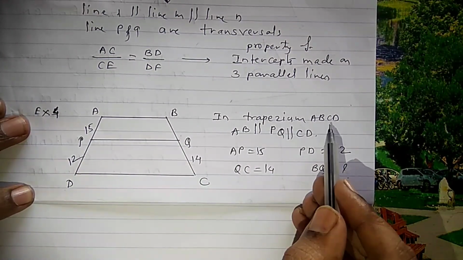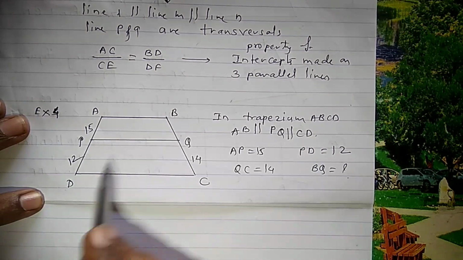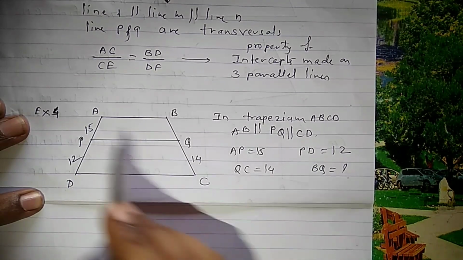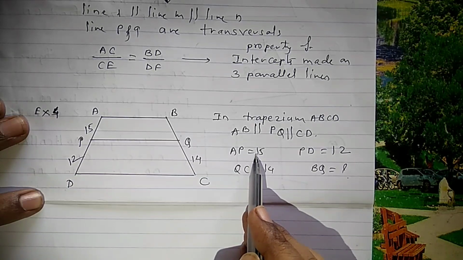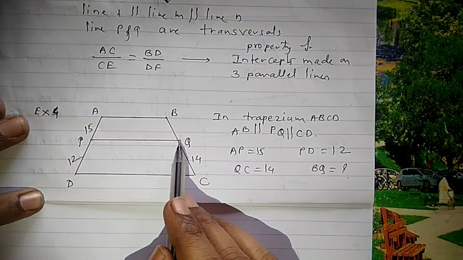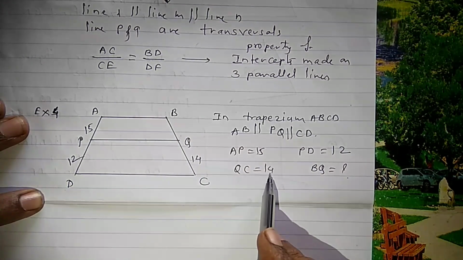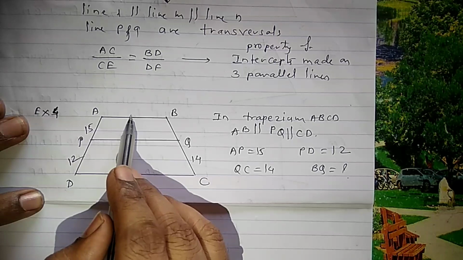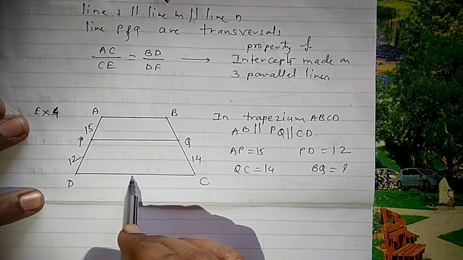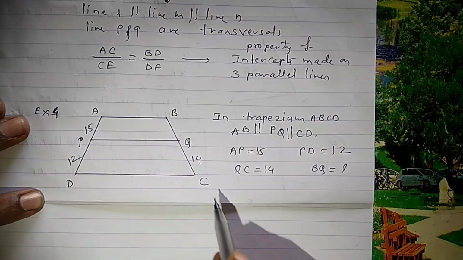In trapezium ABCD, AB is parallel to PQ is parallel to CD. AP is given 15, PD is given 12, BQ is not given, you have to find out. QC is given 14. Here 3 parallel segments are given and the transversals are given.